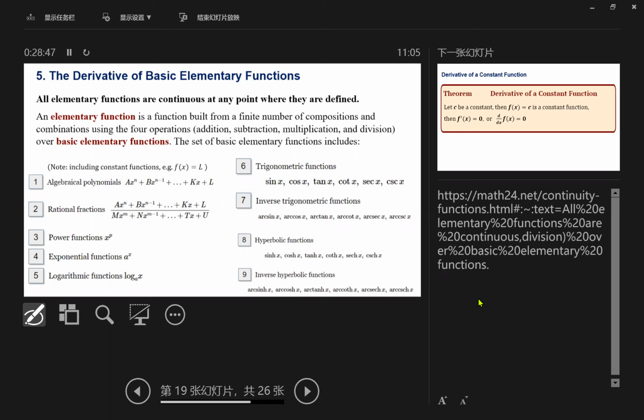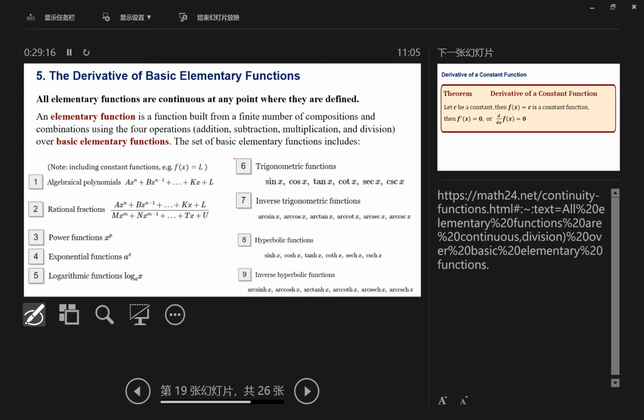Fourth, exponential functions. Fifth, logarithmic functions. Sixth, trigonometric functions. Seventh, inverse trigonometric functions. Eighth, hyperbolic functions. Ninth, inverse hyperbolic functions. Sorry, these are typical types of basic elementary functions.